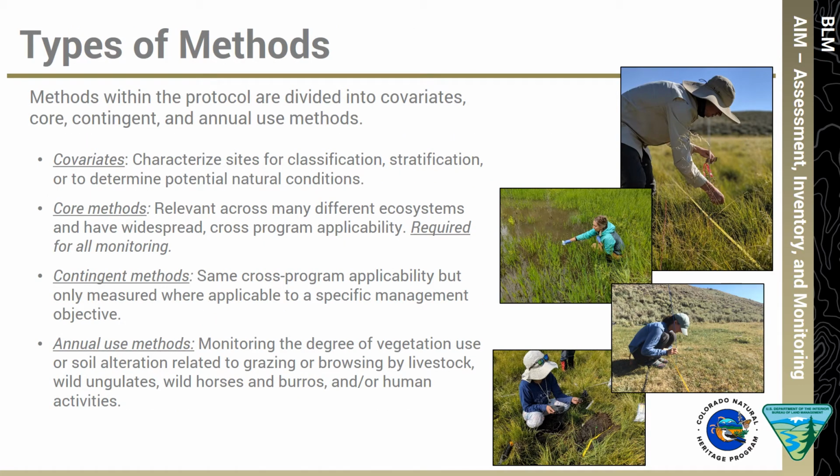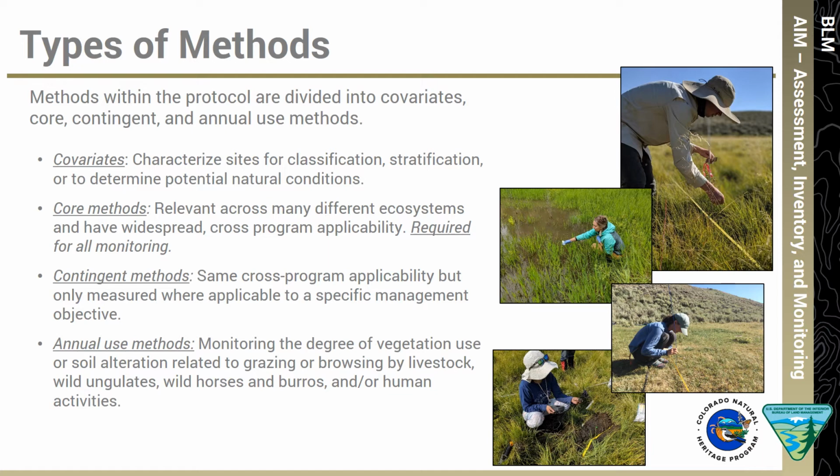Methods within the protocol are divided into covariate, core, contingent, and annual use methods, as listed in Table 2 of the protocol. Covariates are methods that characterize sites for classification, stratification, or to determine the potential natural conditions. Core methods are relevant across many different ecosystems and have widespread cross-program applicability.